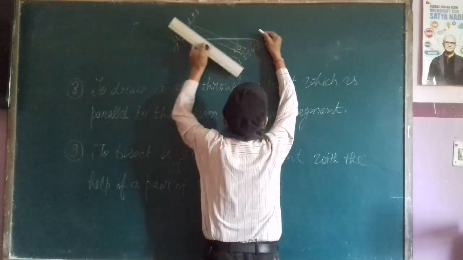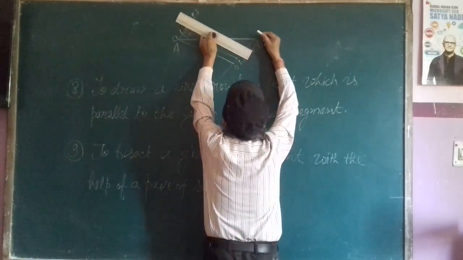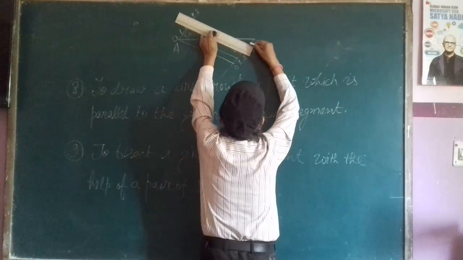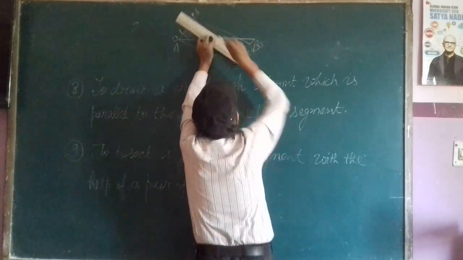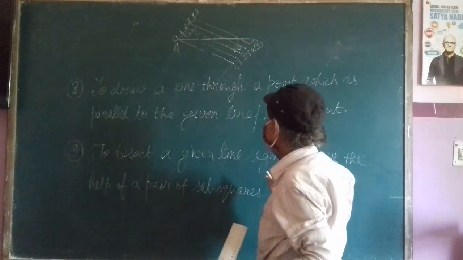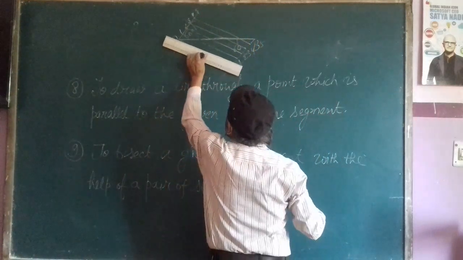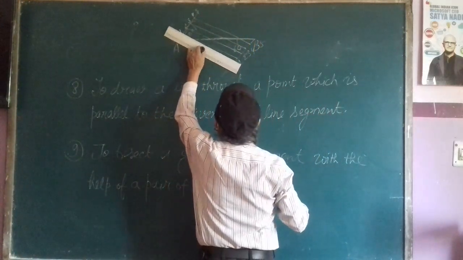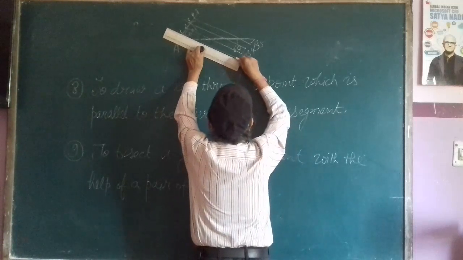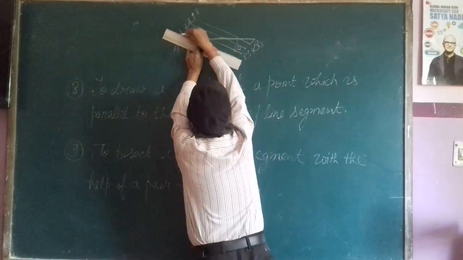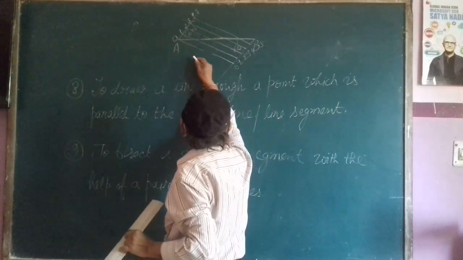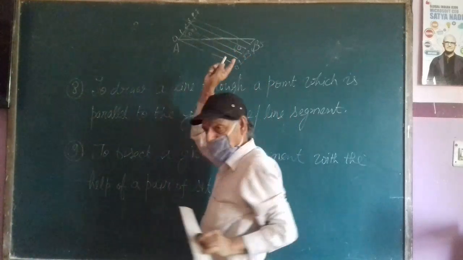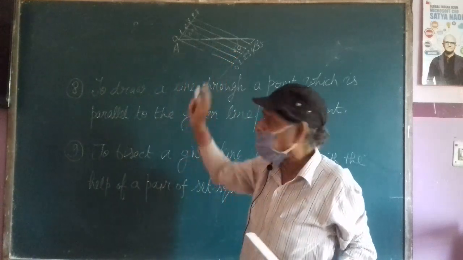4 with 4. And 5, you can join, you may ignore also. What you will get is this line already divided into 5 equal parts.